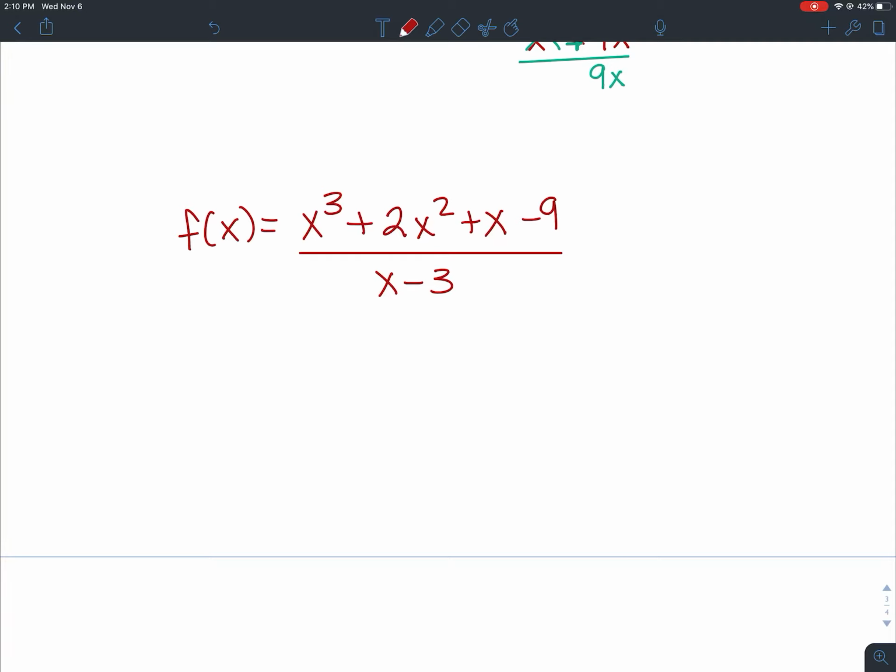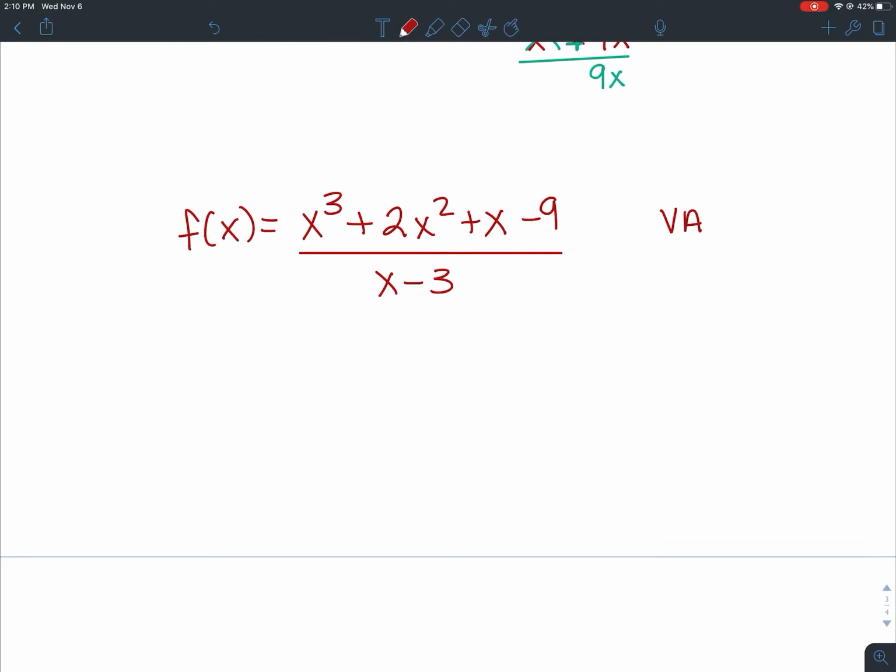If I type that in, you wouldn't be able to factor this one without a calculator because it doesn't group. X cubed plus 2x squared plus x minus 9. If I hit graph, it doesn't look like it has a good root, or at least not one at 3, so it's not going to cancel out 3. So we're not going to even bother factoring it.